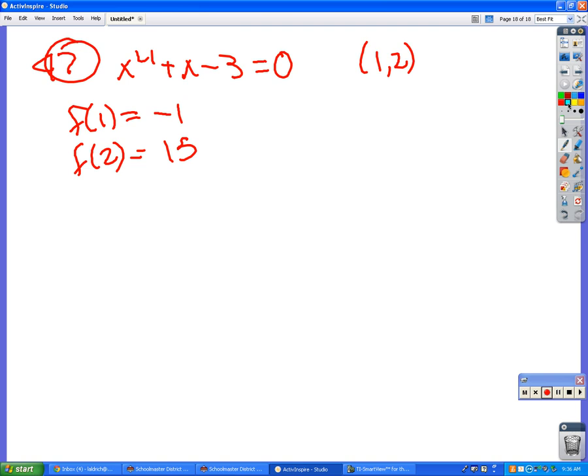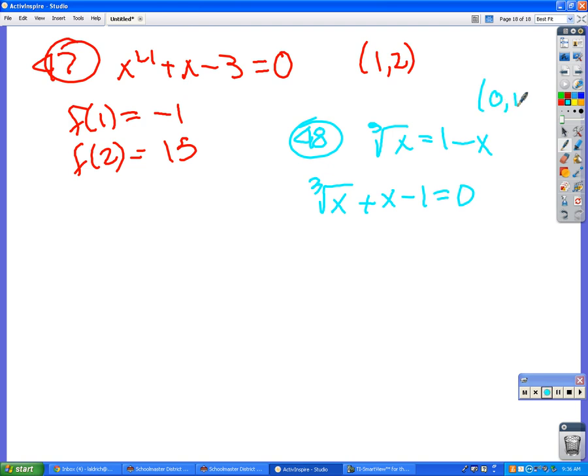So for 48, if you have the cube root of x equals 1 minus x, to start with, if we're finding roots, you have to set it equal to 0 before we plug things in. So I have to take this and change it into root x plus x minus 1 equals 0. And then this is in between 0 and 1. So if you plug 0 in there, what do you get? -1.